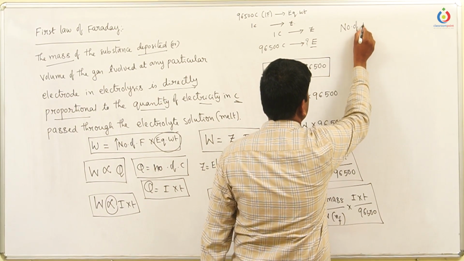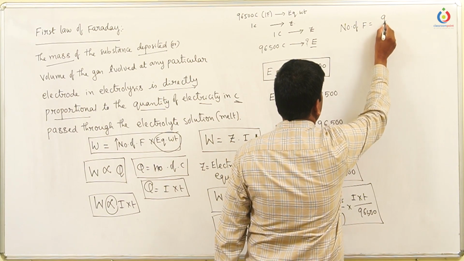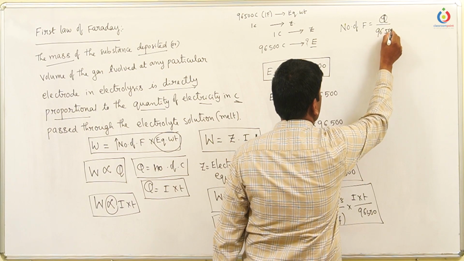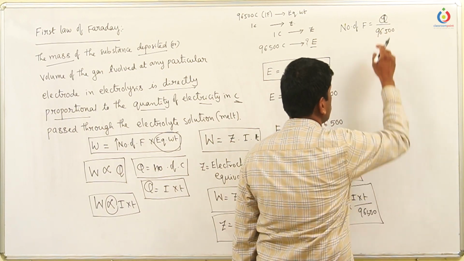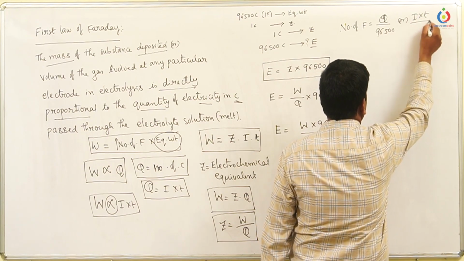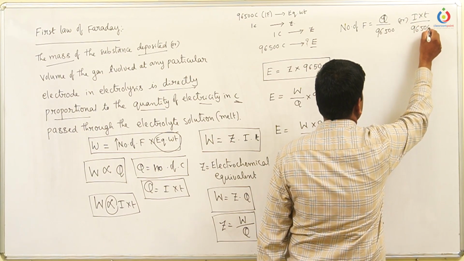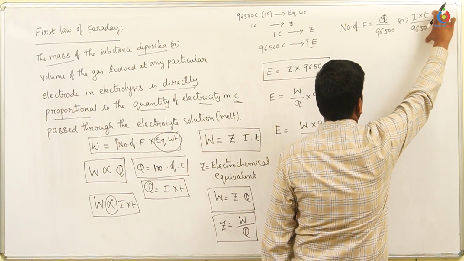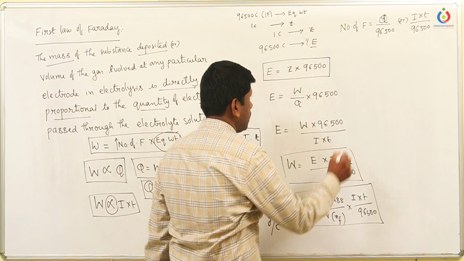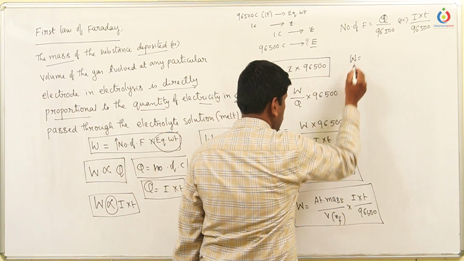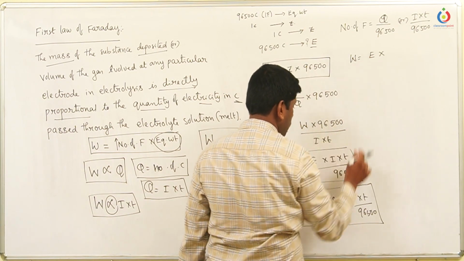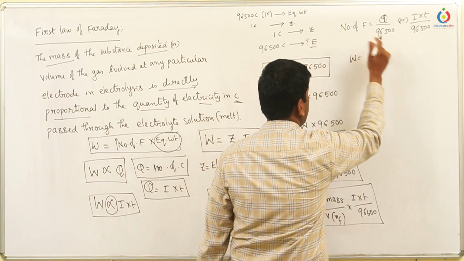Number of Faradays is equal to Q by 96,500, that is, current in coulombs by 96,500, or I into T by 96,500 coulombs. So in the place of I into T by 96,500, I can write the number of Faradays. Finally we reach the formula that W is equal to atomic mass by valency, meaning equivalent mass, into I into T by 96,500, meaning number of Faradays.